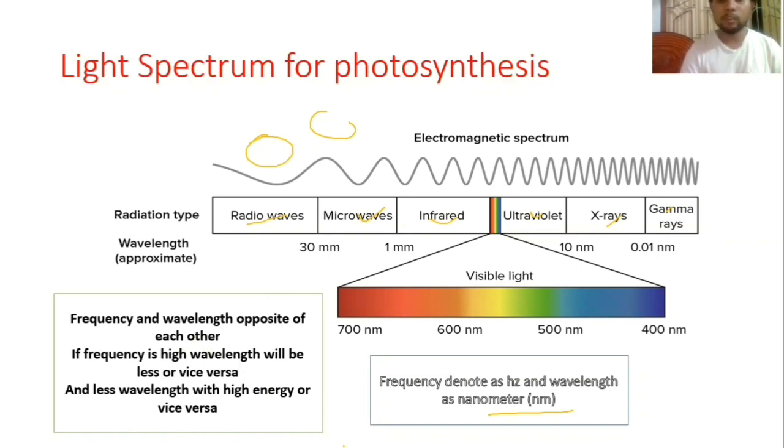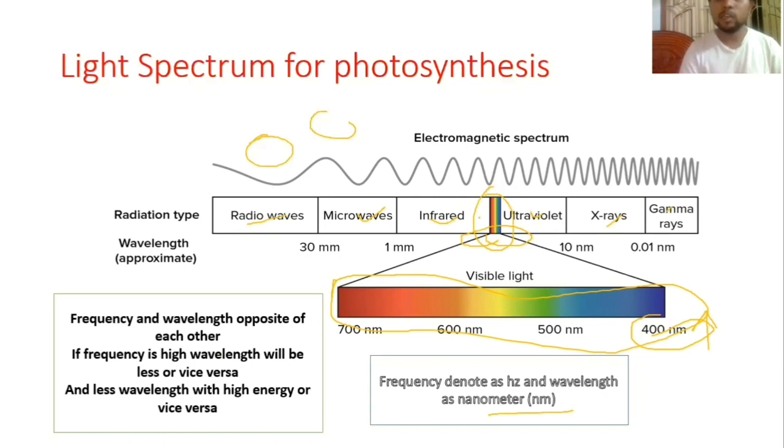Now coming to wavelength. If the wavelength is low, the energy will be high, and if the energy is low, the wavelength will be high. It is also vice versa. The plant mainly uses this spectrum for its photosynthesis process, and this is known as visible light, which our eyes can detect.